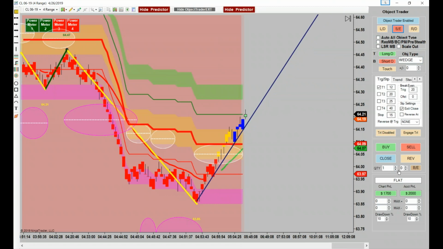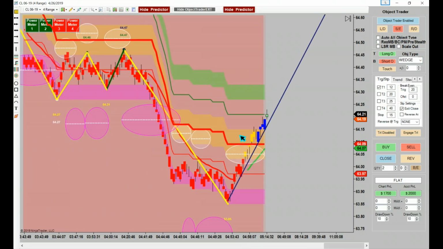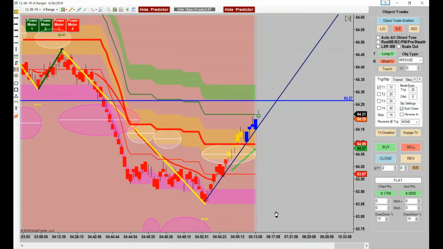A wedge. And then also look here. So I would probably, if I was up at the time and it kissed that resistance, go ahead and short one and then let it break a trend line also and short more. Okay, and that's a real good way to use the Viper tools.